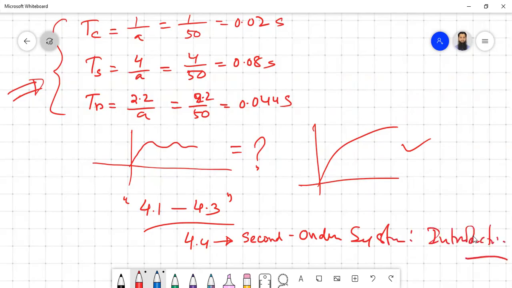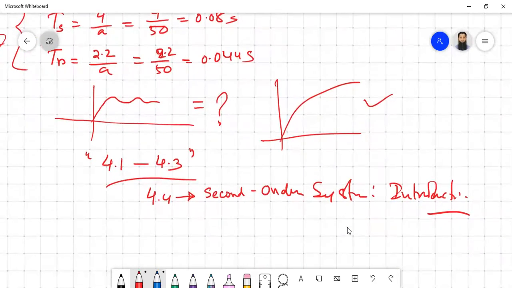Okay, so things will not be as simple as they were for the first order system. For the second order system, a lot of different forms of response will be possible. So things will be getting interesting, as well as mathematically very interesting. So that is what we are hoping to cover in the coming lecture, inshallah.